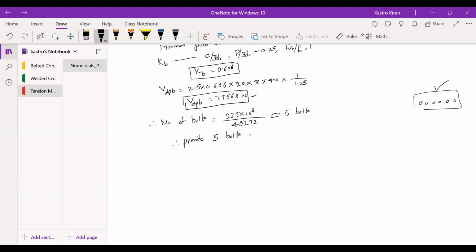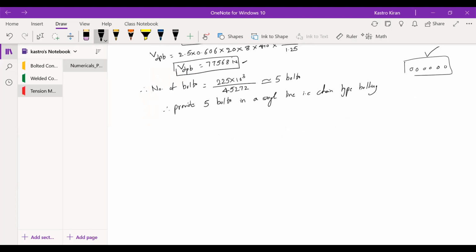Provide 5 bolts in a single line, that is chain type bolting. So that's how I'm providing the bolts. Now let's see how I am going to provide these bolts. So you have an angle section.